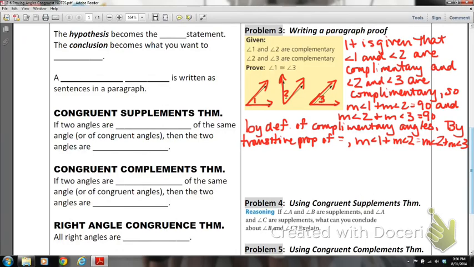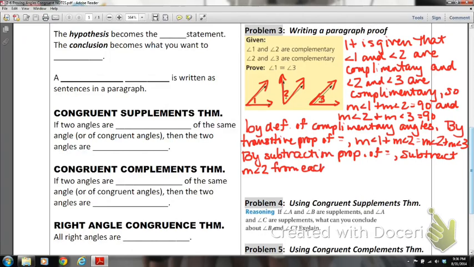So now by the subtraction property of equality, we can subtract the measure of angle 2 from each side to get the measure of angle 1 equals the measure of angle 3.